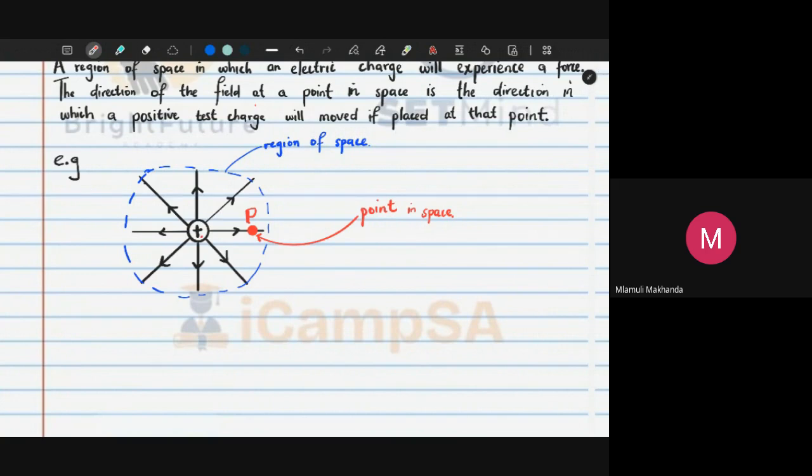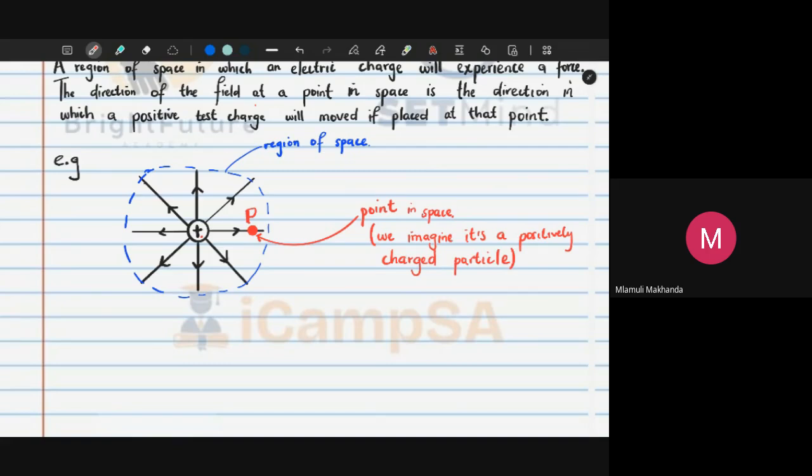Even if the field was from a negatively charged particle, we always imagine that the point in this region of space is a positive point charge. Right, that's what we imagine.